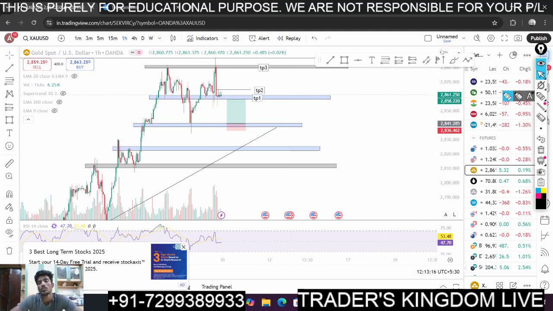But if I'm not very confident about the downside, but it comes to the zone, this is a very famous demand zone. Every person has marked it on their charts.